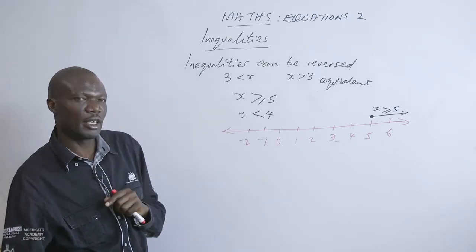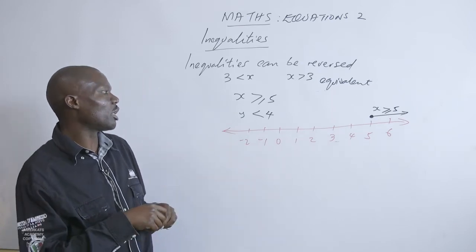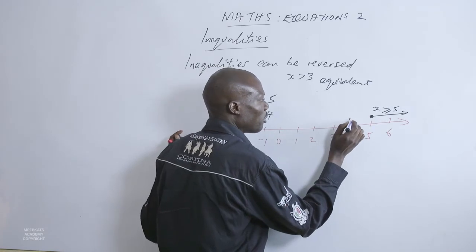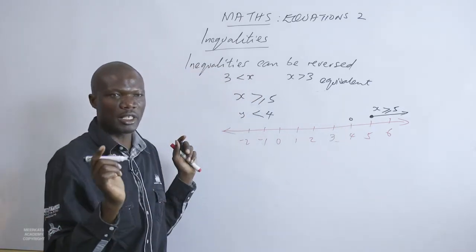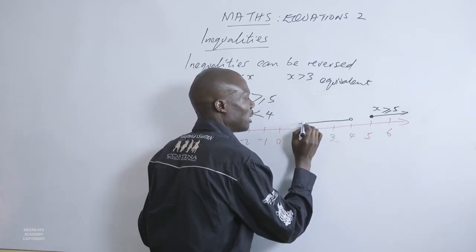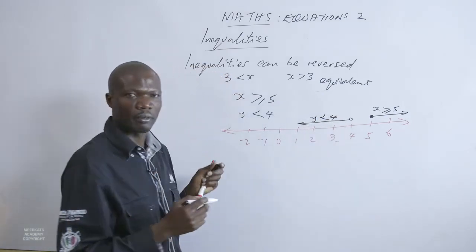To represent this, we go to the point where we have 4, we draw a circle, not a closed circle, but just a circle, and the direction it takes is the less-than direction, and you write y is less than 4.